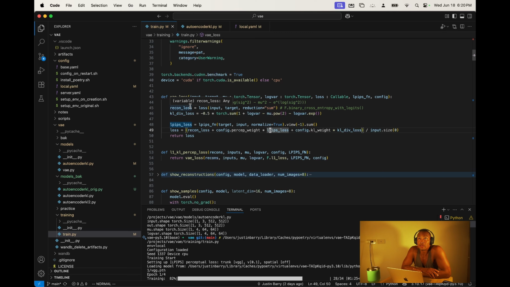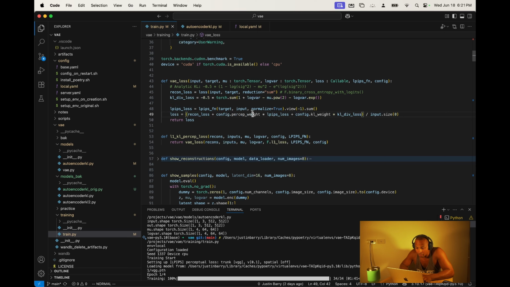One way that research has tried to solve the problem is using something called perceptual loss, which is essentially where you use a pre-trained model. In my case, I'm using VGG. Canonically folks like to use VGG trained on ImageNet. I'm doing a reconstruction loss, which in this case I've changed to L1 loss.